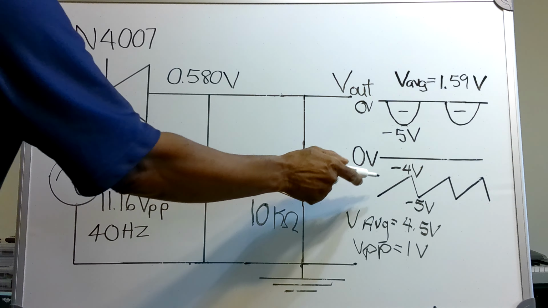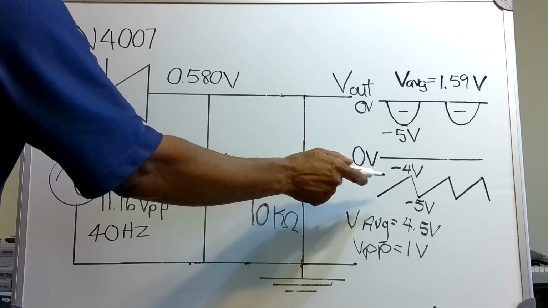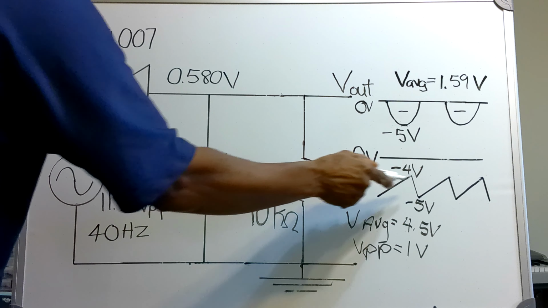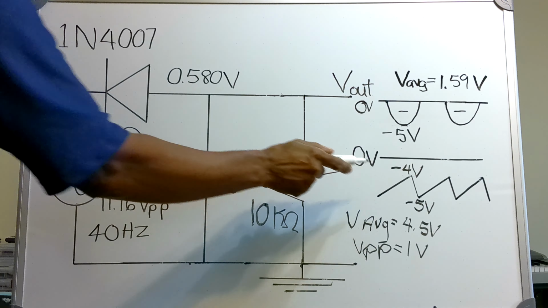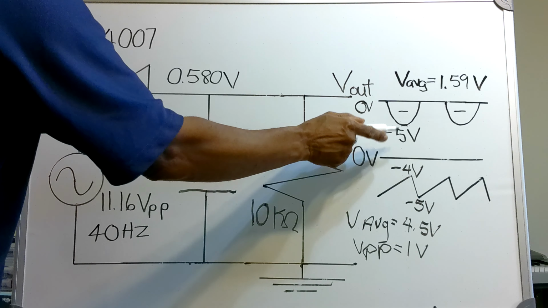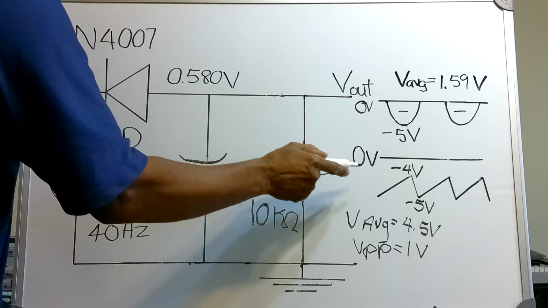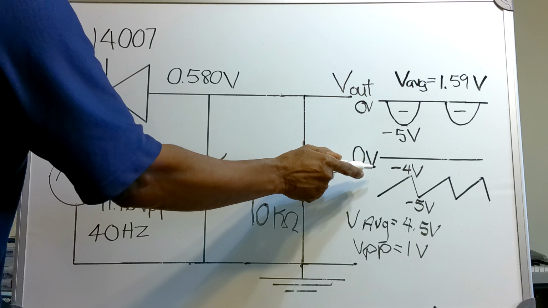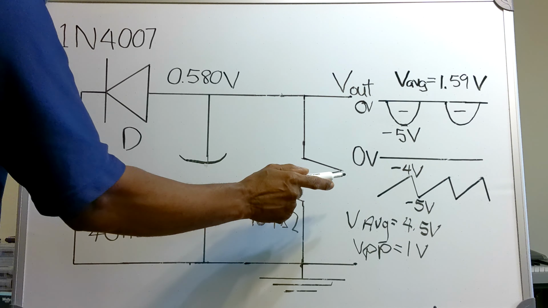Now, the reason why these voltages are negative voltages is because this output is following this output in that sense. That means that since this output is below 0 and the voltage is negative, this output right here will also be below 0 and the output also negative.